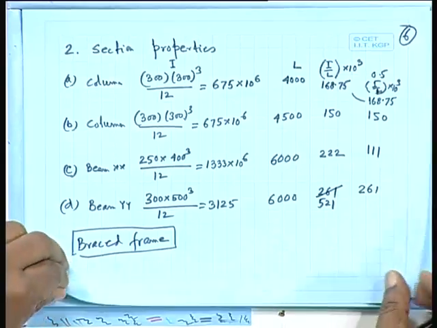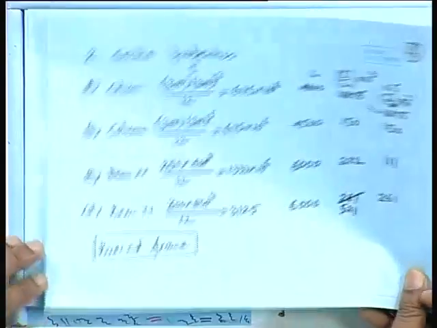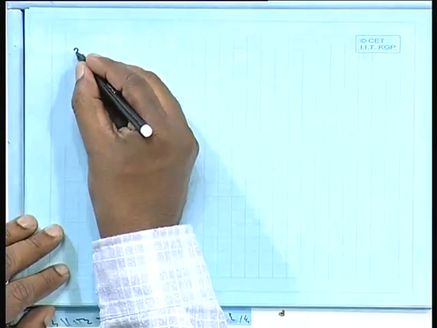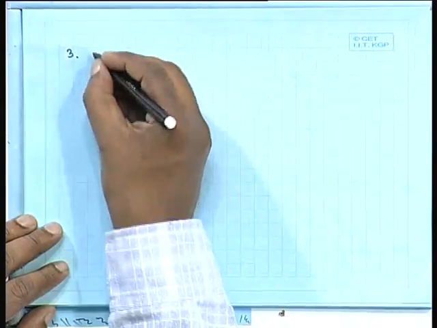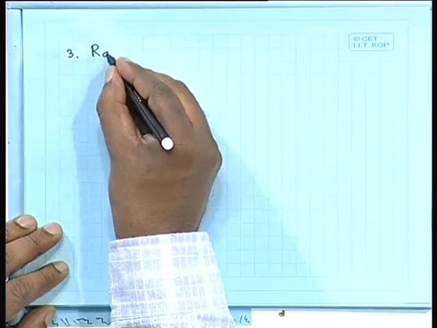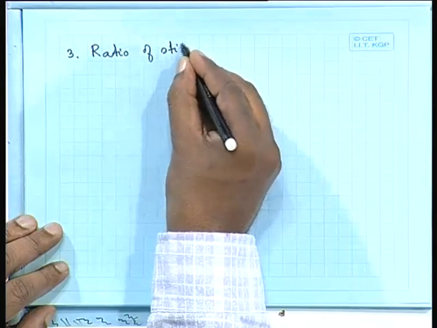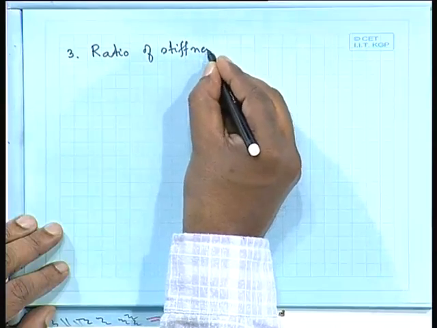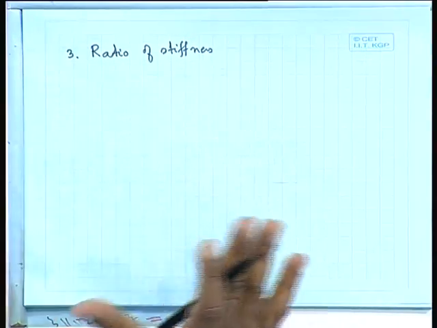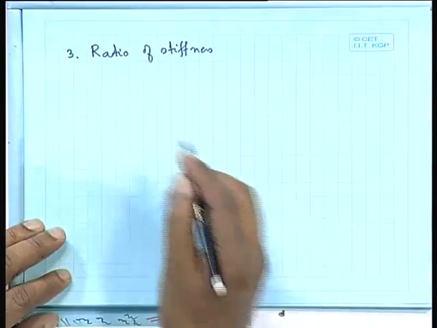Now, we can find out the ratio of the stiffness at different joints. That means, ratio of stiffness means the column stiffness and the overall stiffness of that particular junction.